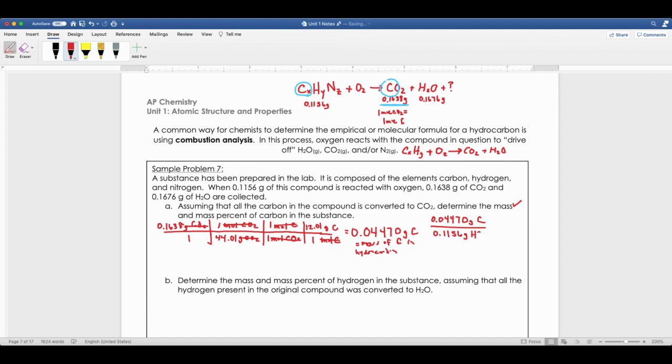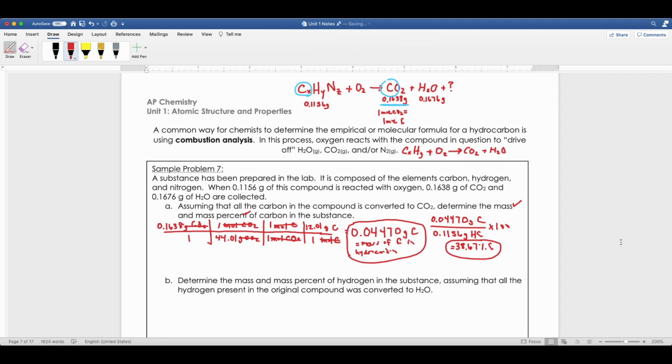I'll just put HC for hydrocarbon, times 100. We know that that initial hydrocarbon is 38.67% carbon. So there are our 2 answers right there: the mass of carbon, and the mass percent of carbon in the sample. Okay, so that one's done.